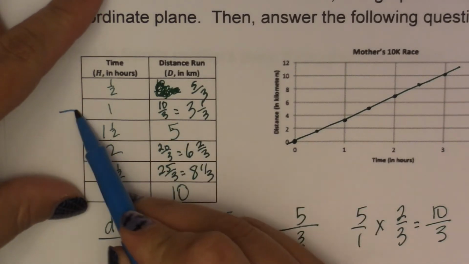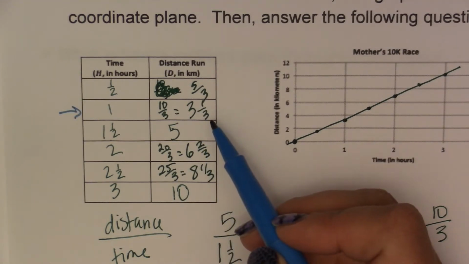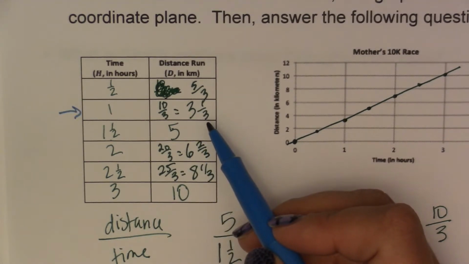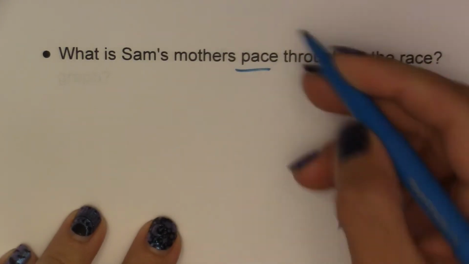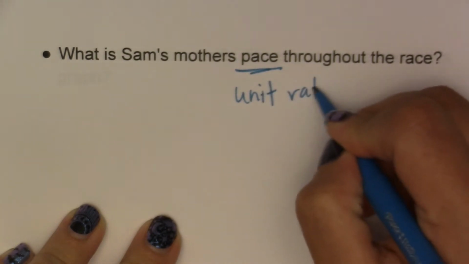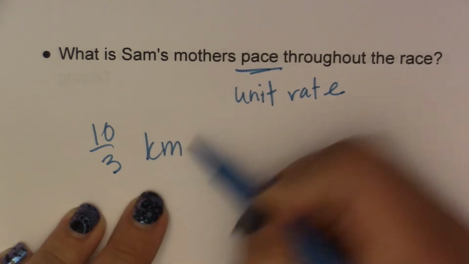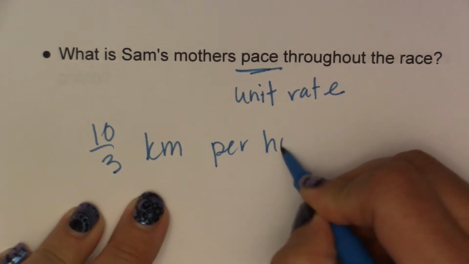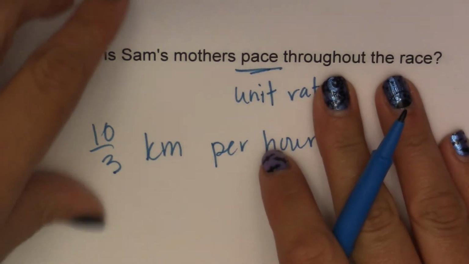So that's where we find in 1 hour she went 3 1/3 kilometers. So her pace or unit rate, so we'll say pace also means unit rate, was 10/3 kilometers per hour.